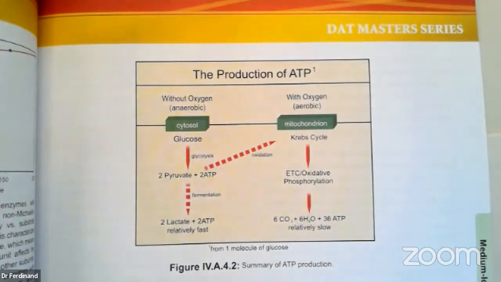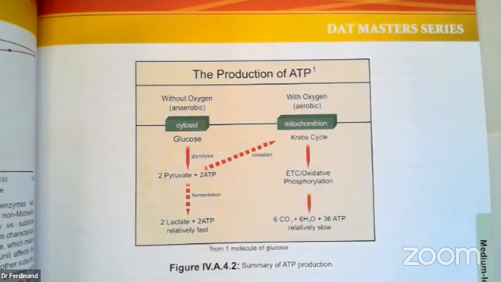And finally, lactate. You will see this written as lactate or lactic acid. This builds up in the anaerobic pathway for somebody who's running very quickly.